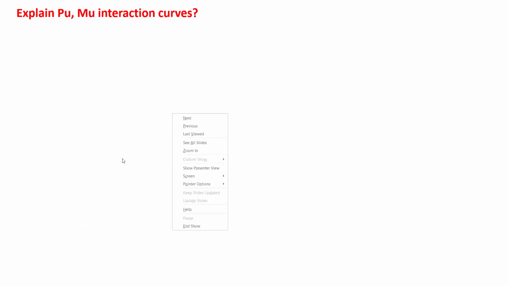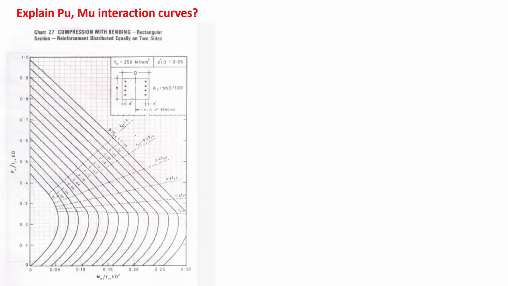Likewise, we have to check the capacity of the column. Explain PU-MU interaction curves. We already covered this in the class. So we have these PU-MU interaction curves. What terms do we have in these curves? You can see over here, on the y-axis we have PU upon PUZ, and along the x-axis we have MU upon MUZ, and all these curves are P by fck, starting from 0, and we have a maximum value, something like 0.26.